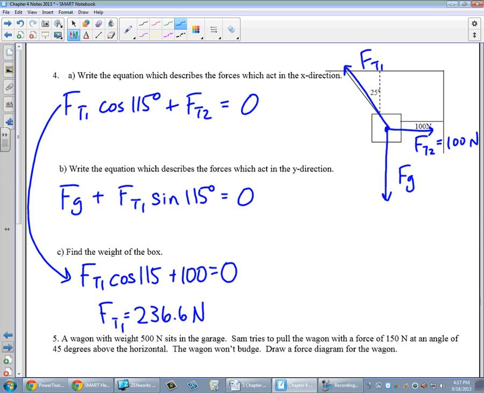And then I'll go to my second equation to solve for FG. I get 214.4.